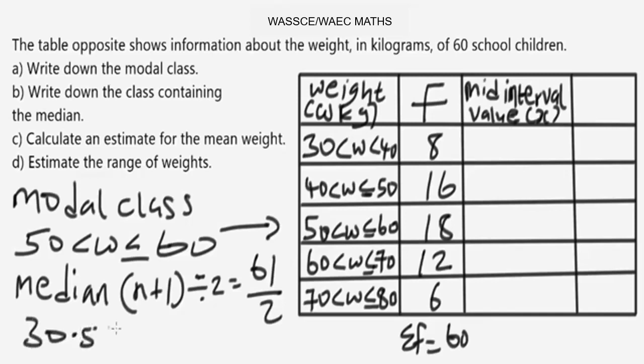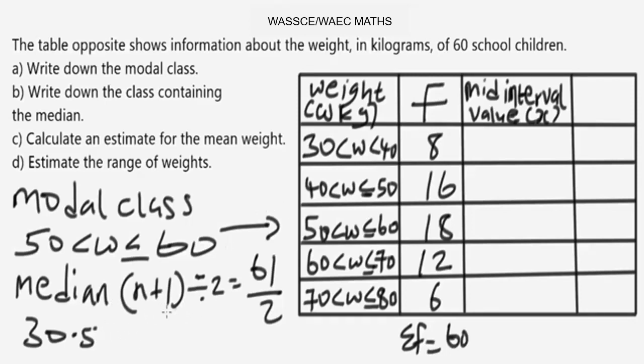61 over 2 will give us 30.5. So that means we're going to check for the frequency values we have, the ones we'll be adding, the value that will give us a result that is in between 30.5 thereabouts. So 8 plus 16 will give us 24. Alright, 24 plus 18 will give us 42. So you can see that it is this frequency value of 18 that, when you add 8 and 16 to it, will give you a result that is around 30.5. 42 is more than 30.5.